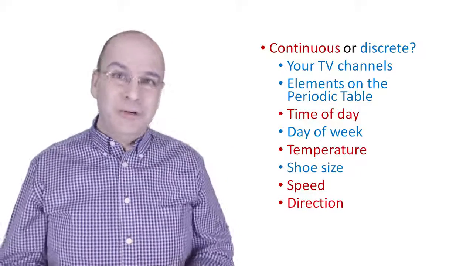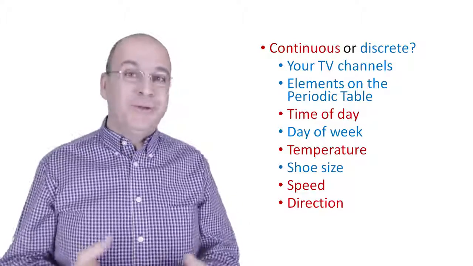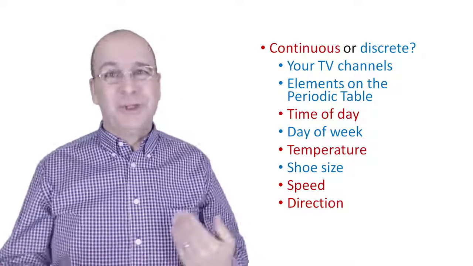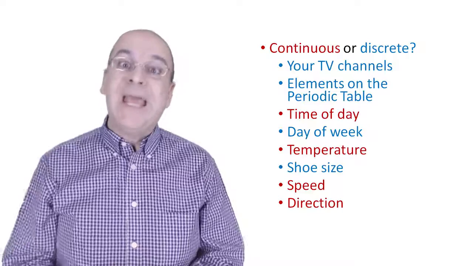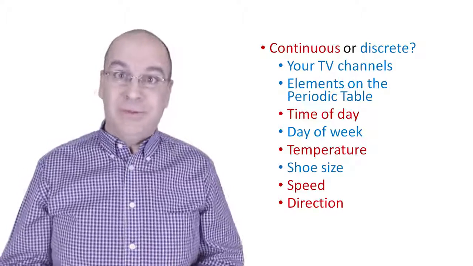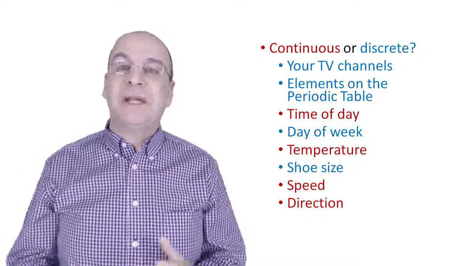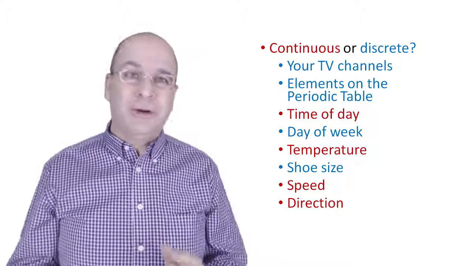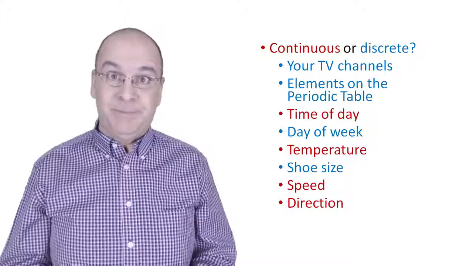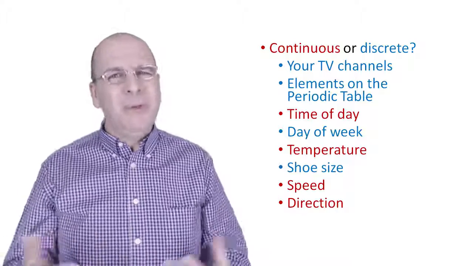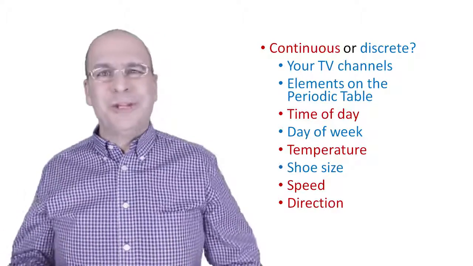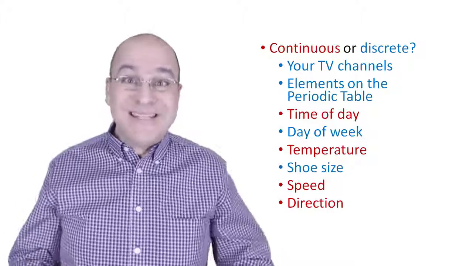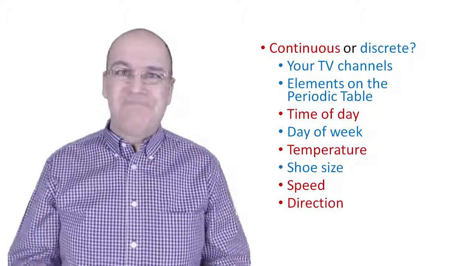The same is true of speed. There's an infinite number of speeds between 0 and 100 miles an hour. And with direction, if we think of direction as expressed as an angle, there are an infinite number of angles between 0 and 360 degrees. Because we can always say, give me one more decimal point, give me one more decimal point, and that never ends. So that is continuous data.